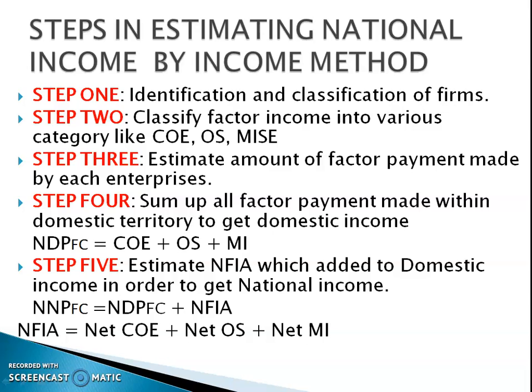Then net operating surplus, just as net COE, operating surplus from the rest of the world minus operating surplus to the rest of the world, and also we add net mixed income, that is, net retained earnings of resident companies abroad: earnings of resident companies abroad minus retained earnings of foreign companies located in the domestic territory of the country.